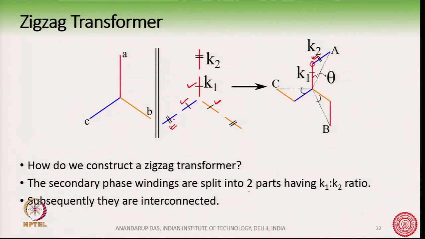So, this here is having K2, this comes here and is connected to the K1 turns of the A phase winding, and K2 of the C phase winding is connected. Similarly, you can take this winding and connect it here like this, and we can take the B phase, this K2 winding, and put it here, right.